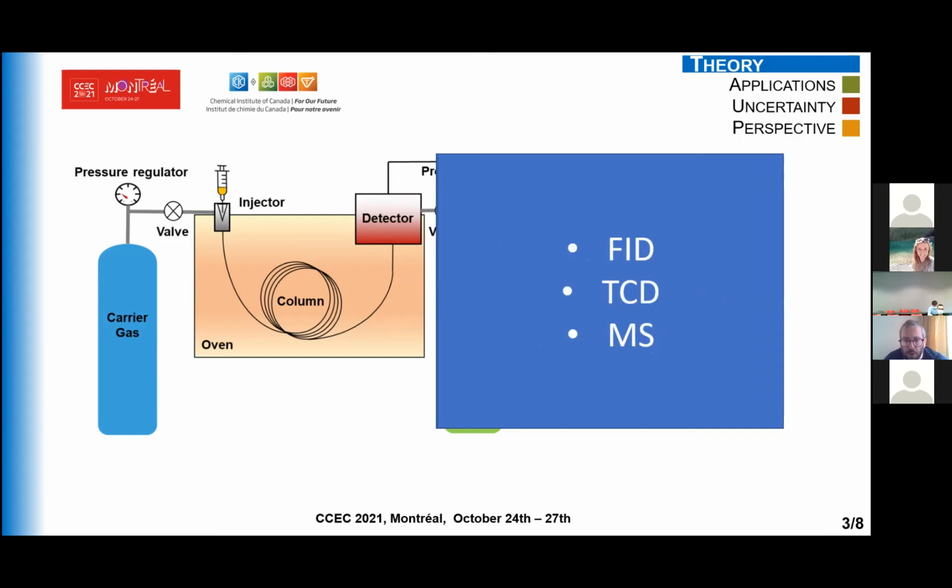It generates a measurable voltage change, and checks it against a reference voltage. TCD responds to, let's say, almost all compounds, as long as there is enough difference between the Cp of the carrier and the analyte. Finally, MS is mass spectrometry, which quantifies the m/z, the mass-to-charge ratio of the analyte, and it is a universal technique.